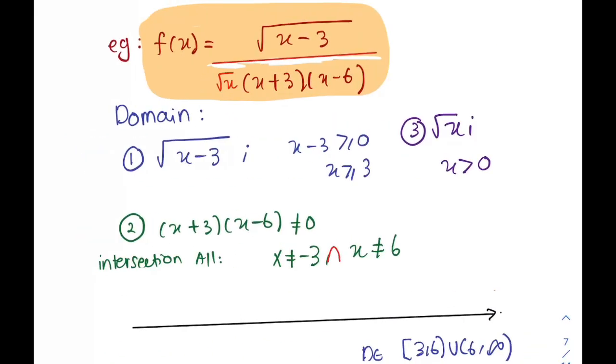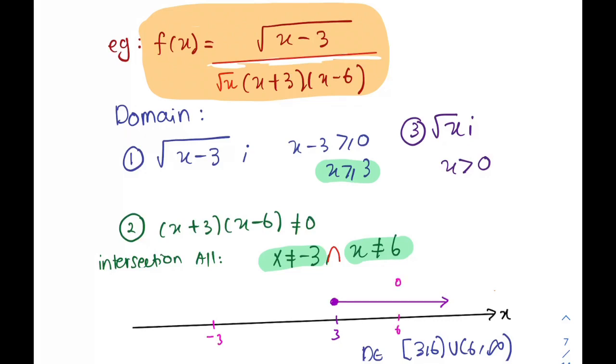So now let's intersect everything and then we can find our answer. Let's see the first one, x must be more or equal to 3. So let's draw a 3 here. This is more or equal to 3. Finish with that. Let's see the next one. x cannot be equal to minus 3 and x cannot be equal to 6. So this is just the real numbers. However, you cannot be equal to minus 3 and cannot be equal to 6.